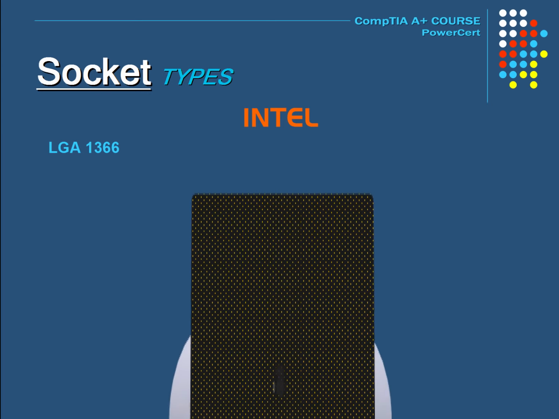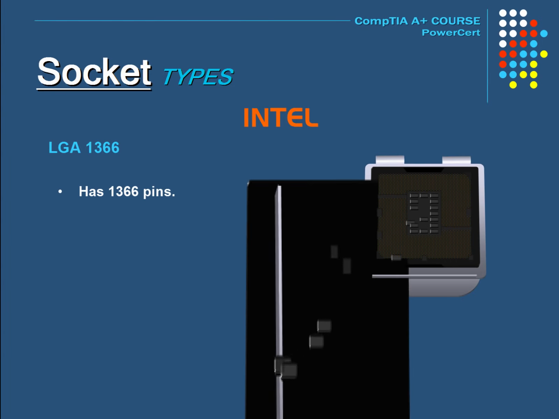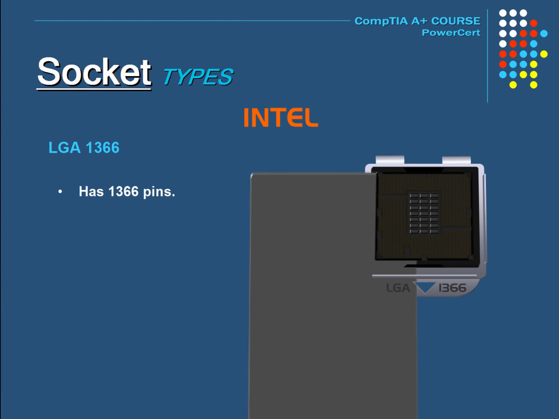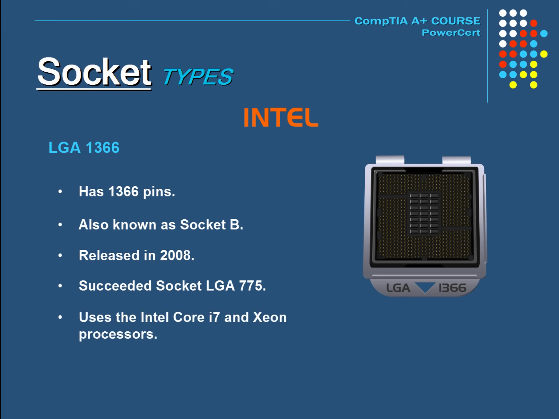And next is the LGA 1366, and as its name states, this has 1366 pins. This was also known as socket B. It was released back in 2008 and succeeded the LGA 775. The LGA 1366 uses the Intel Core i7 and Xeon processors.